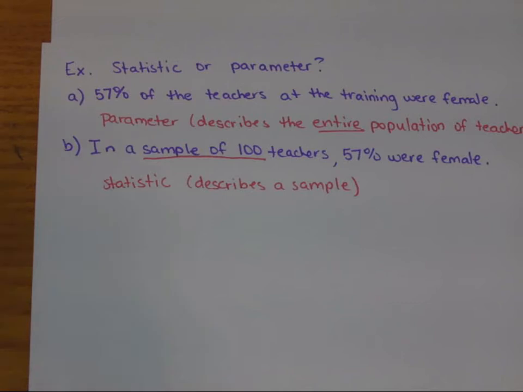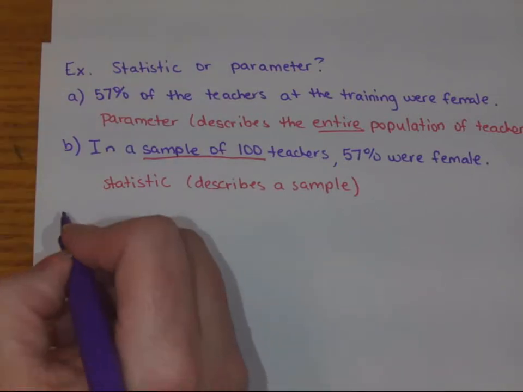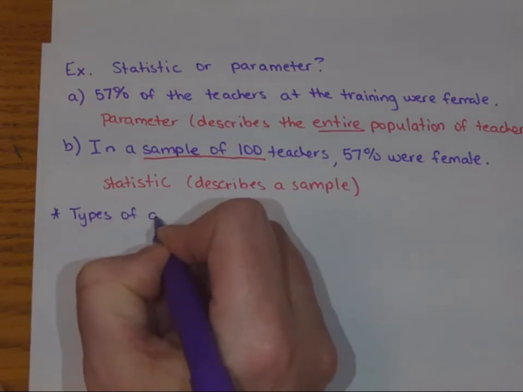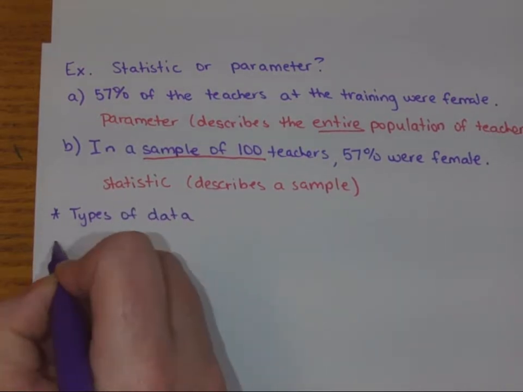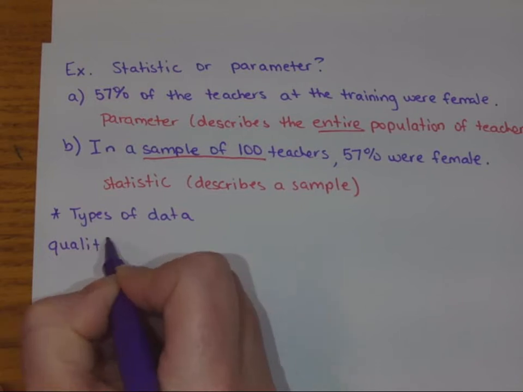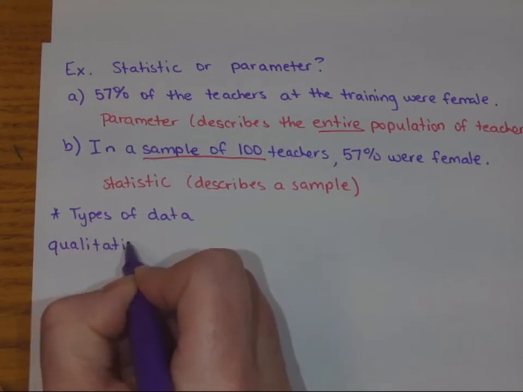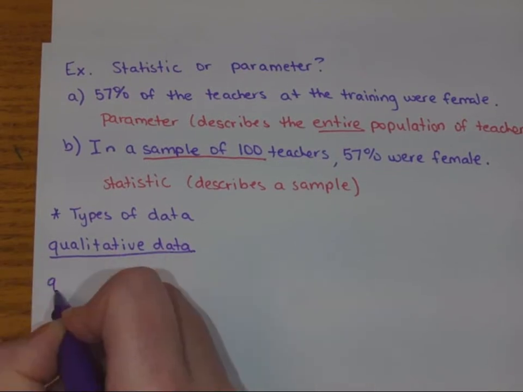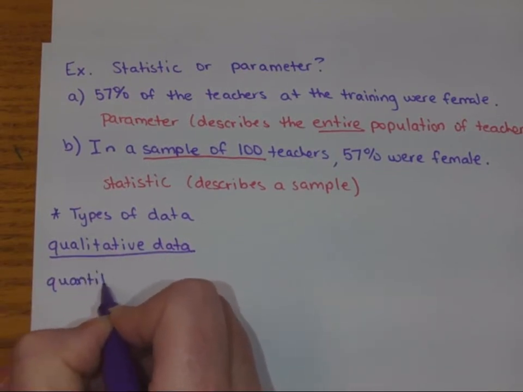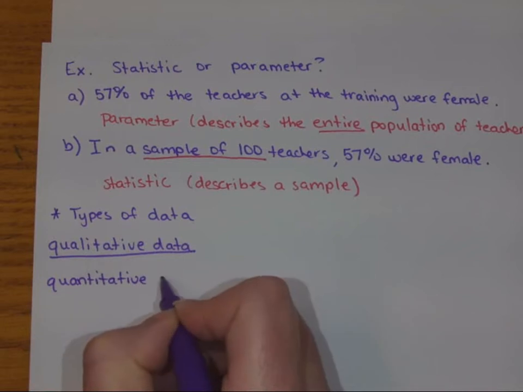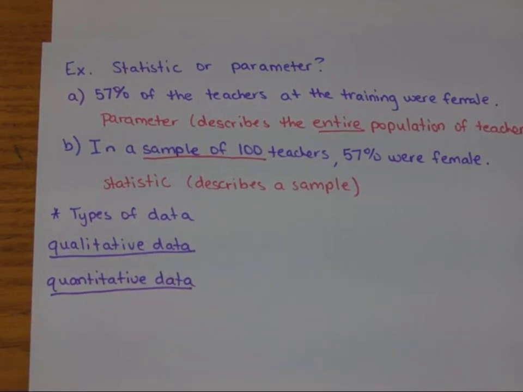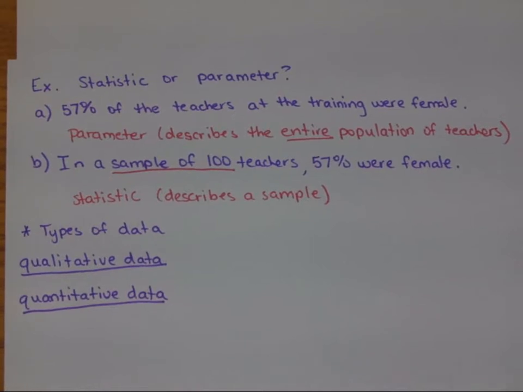Okay, so we also can have different types of data. The two types of data you can have are qualitative or quantitative. I feel like you probably have gone over these two terms before in other classes. Data is just information that's gathered. Quantitative data involves numbers, like quantity.